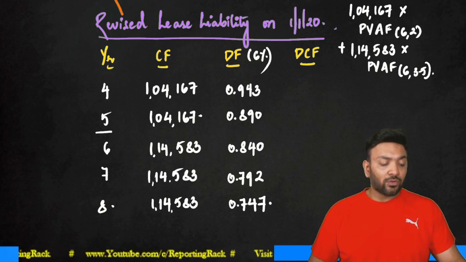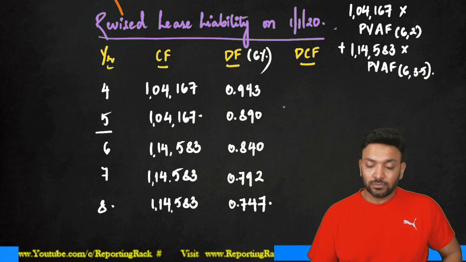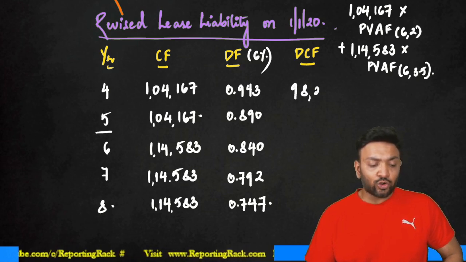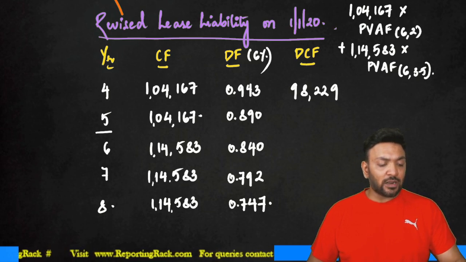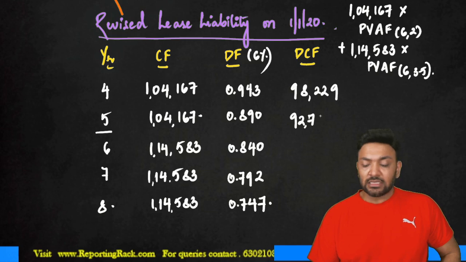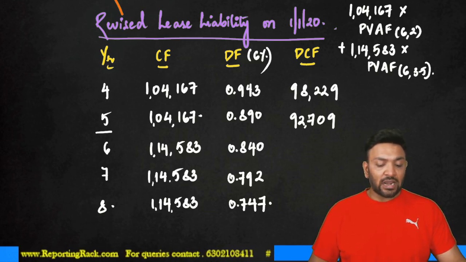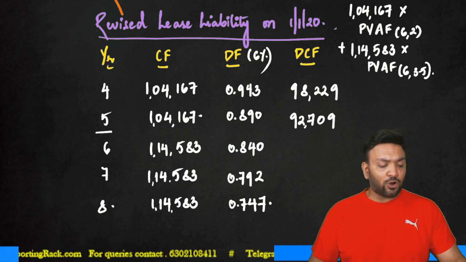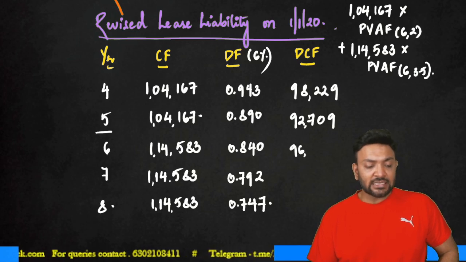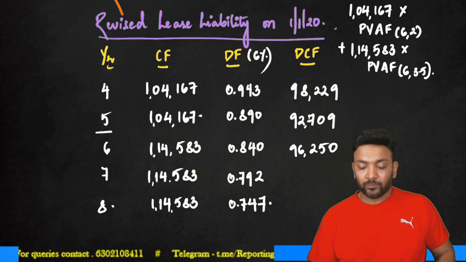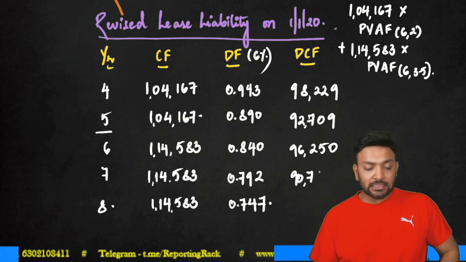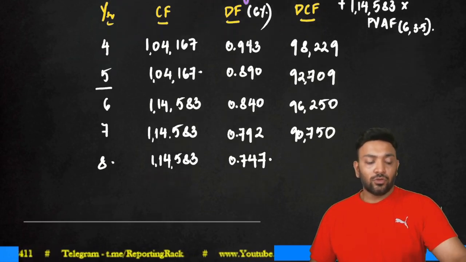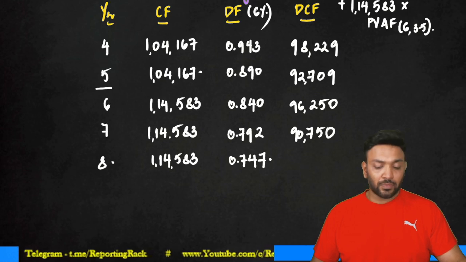Calculate discounted cash flows now. 1,04,167 into 0.943, 98,229. 0.890 if you multiply, 92,709. 1,14,583 multiplied by 0.840, 96,250. 0.792 would be 90,750. 0.747 would be.